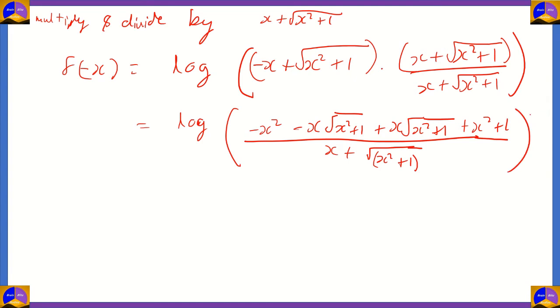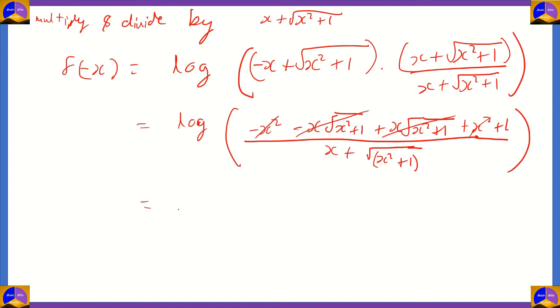So this is the numerator. So in the numerator, you can see x squared and minus x squared cancel each other out. Minus x times root of x squared plus 1 plus x times root of x squared plus 1, both of these, when added together, give you 0.